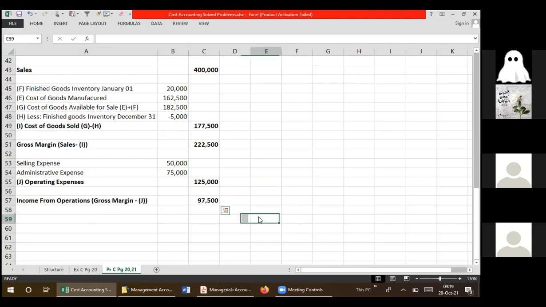So income from operations is 97,500. That's the income statement.